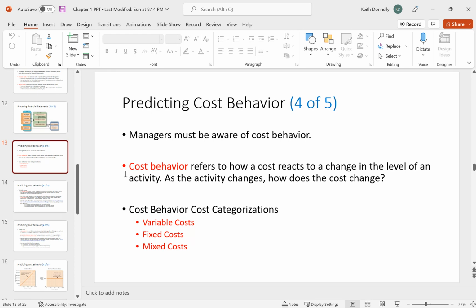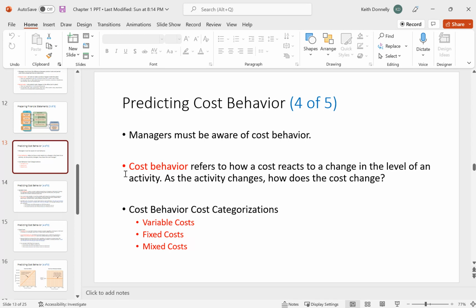Next, another area where we can use cost classification is when we're analyzing cost behavior. Cost behavior refers to how a cost reacts to a change in a level of activity. In other words, as an activity level changes, how does the cost change?